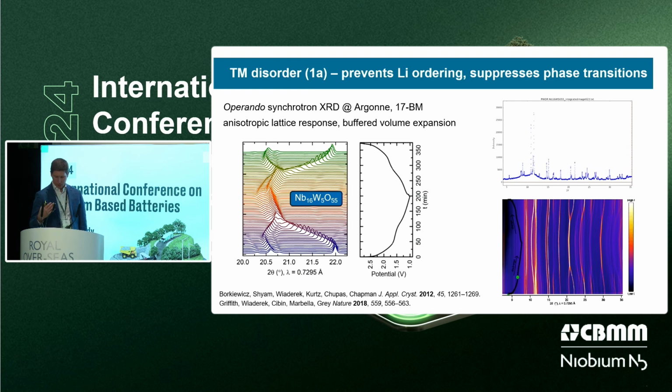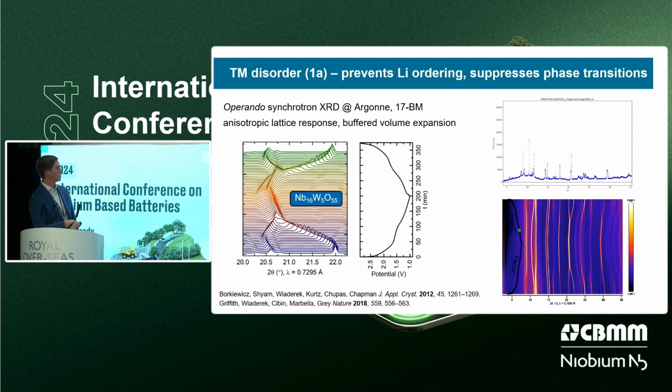So when you think about the transition metal disorder that I talked about before, when you go to the niobium tungsten oxides, for example, but actually most of the mixed transition metal Wadsley-Roth phases, you smooth out that voltage plateau. And so now we're looking at some operando synchrotron diffraction of that process to see what that really looks like. We see this large shift in the peak positions, indicating these volume changes.